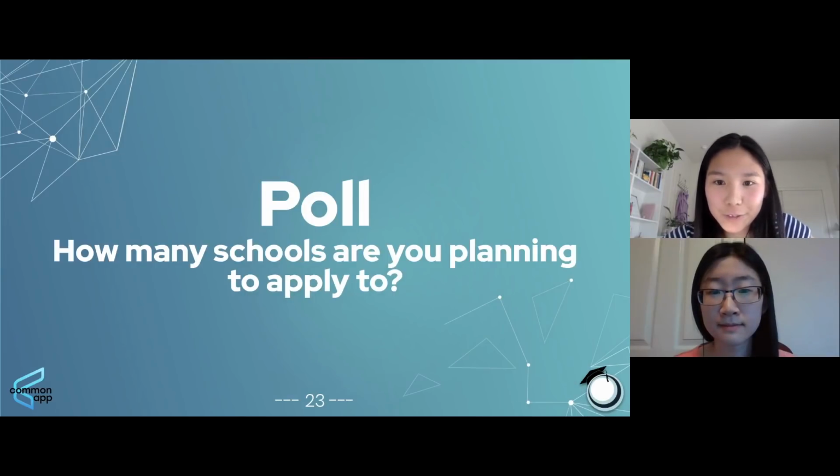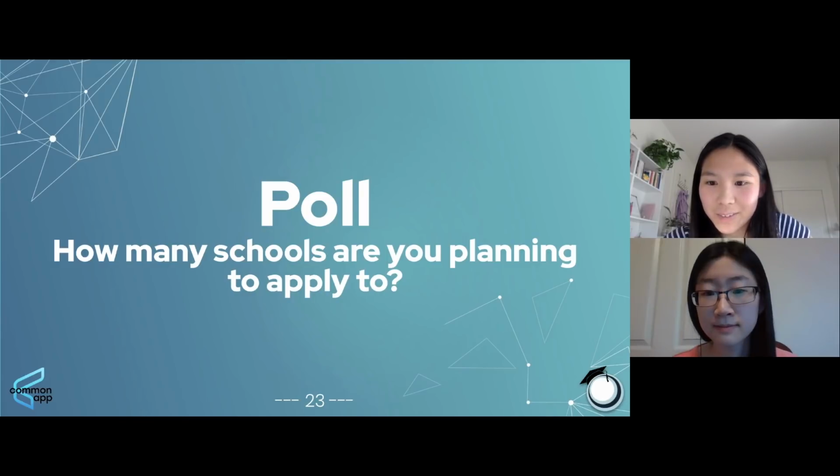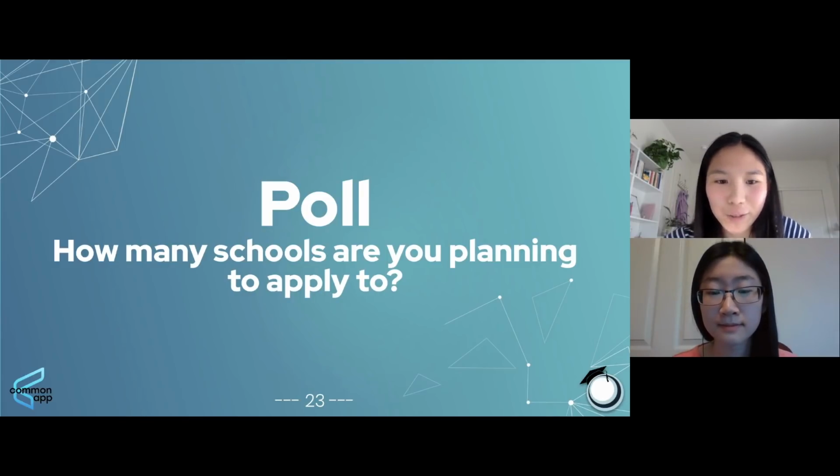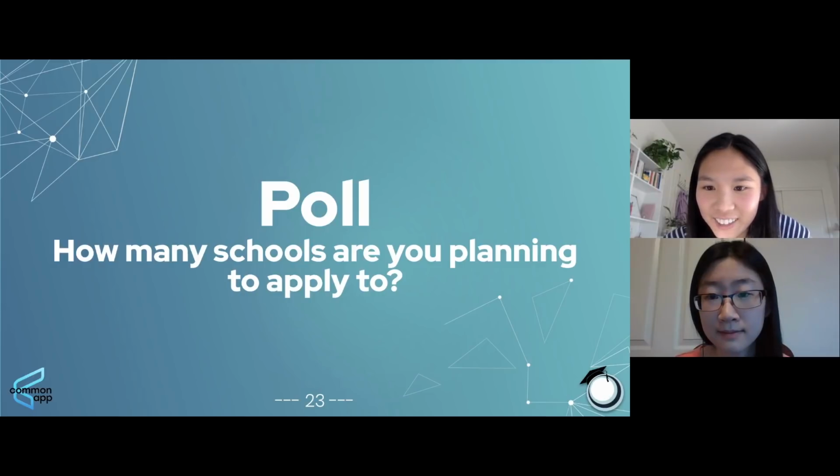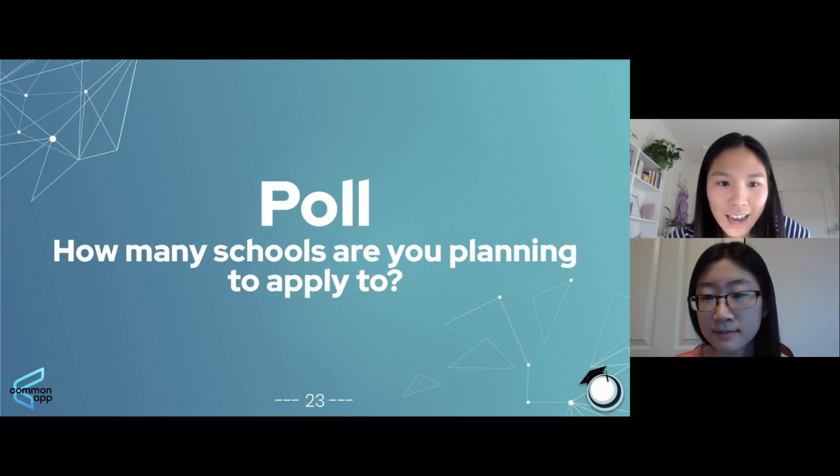All right, now we're going to do another quick poll. How many schools are y'all planning to apply to? We got one response for 12 to 14 schools. Very interesting. Looks like many people are applying to 8 to 11 schools. And also, if you're not sure yet, that's totally okay.